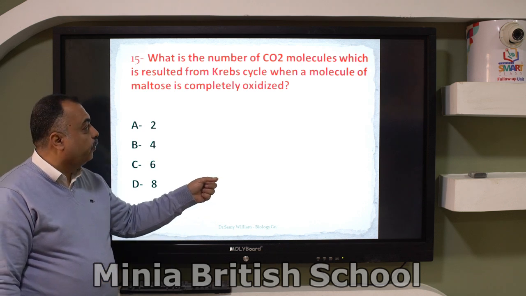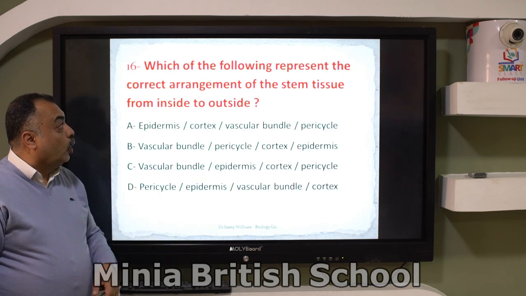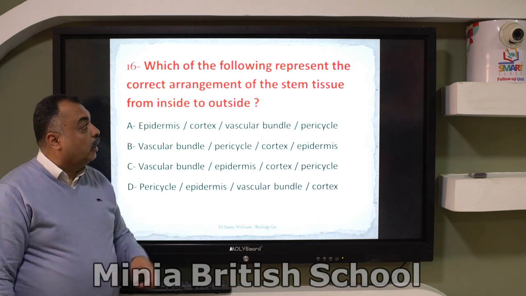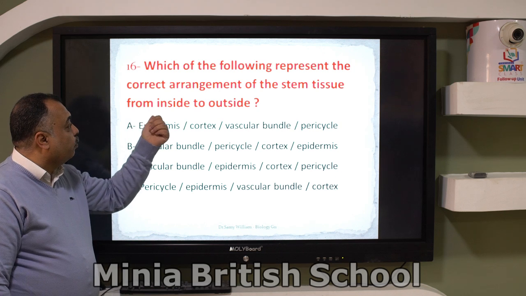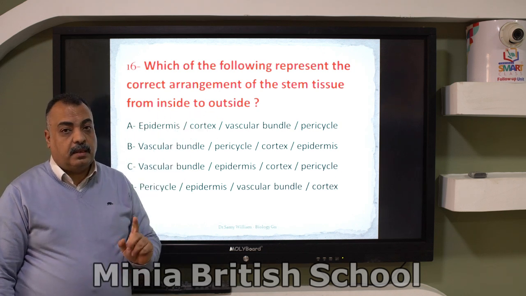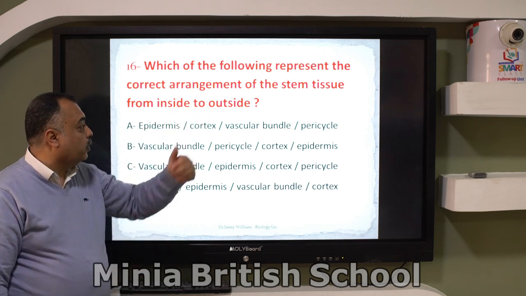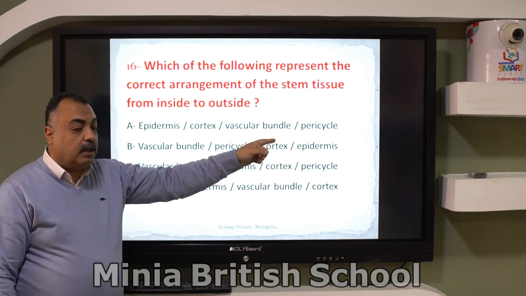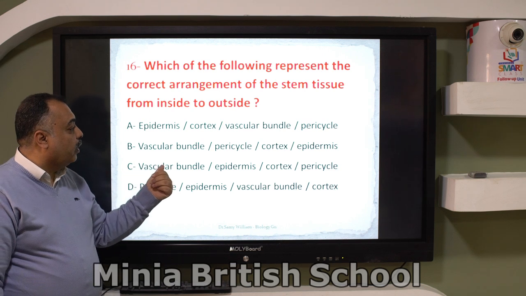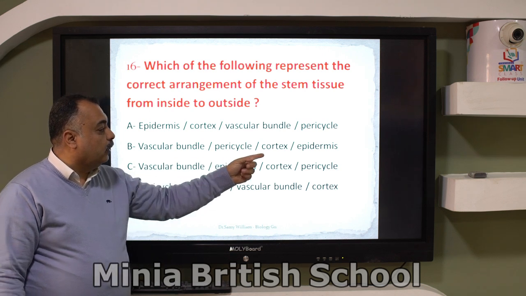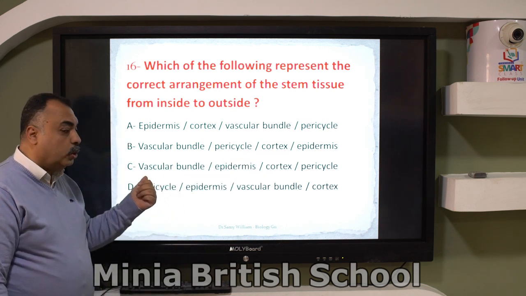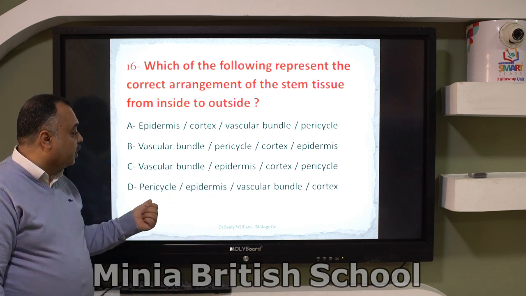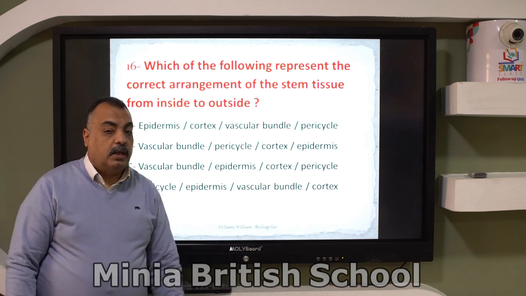Very good. Next. Which of the following represents the correct arrangement of the stem tissue from inside to outside? Epidermis, cortex, vascular bundle, pericycle, or vascular bundle, pericycle, cortex, epidermis, or vascular bundle, epidermis, cortex, pericycle, or pericycle, epidermis, vascular bundle, and cortex.